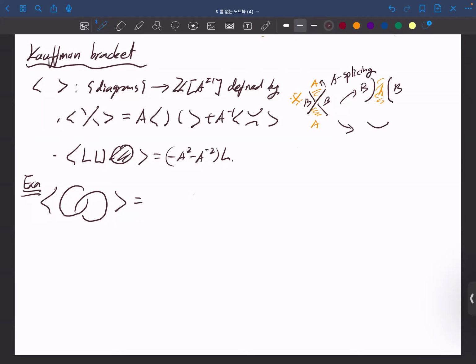And when we open the way between B regions, then this is called B splicing.